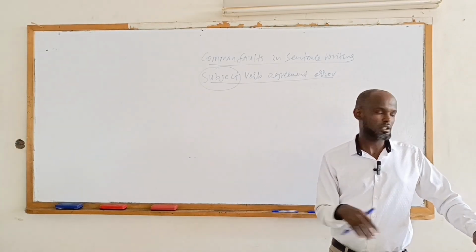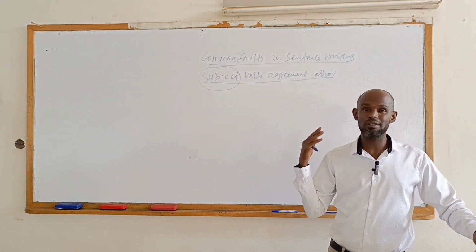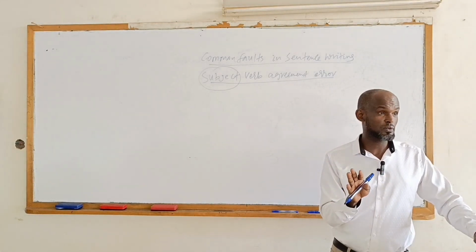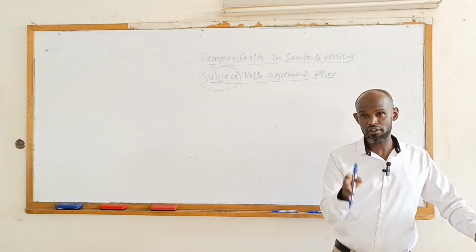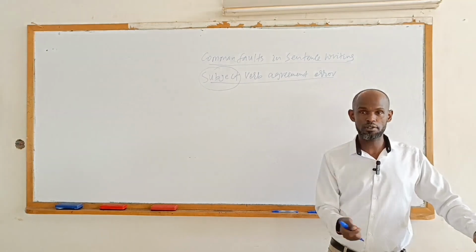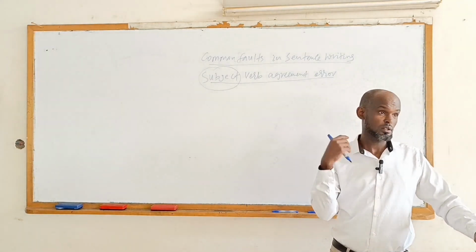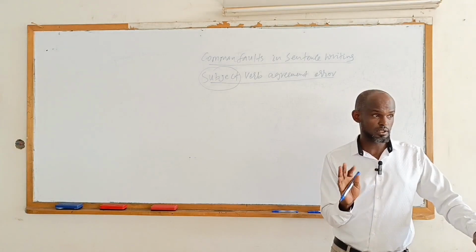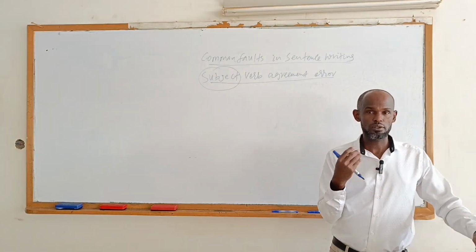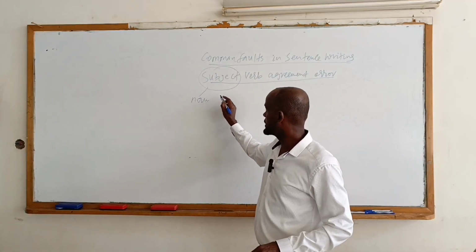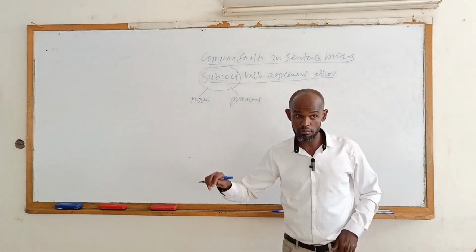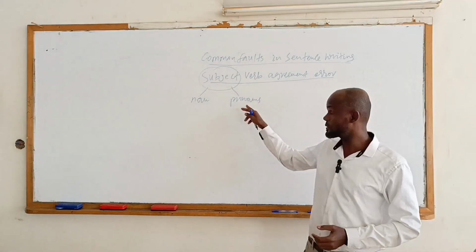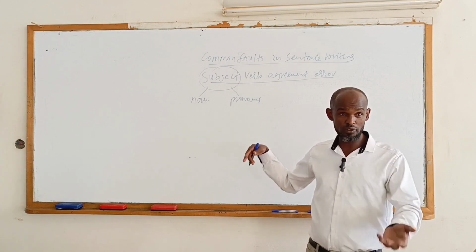When we go deeply into the types of nouns, we can have several types. For that also you have a video: proper noun, abstract noun, concrete noun, collective noun, common noun, many noun types are there. We use nouns and pronouns as subjects. What does it mean by pronoun? Pronoun means instead of noun.